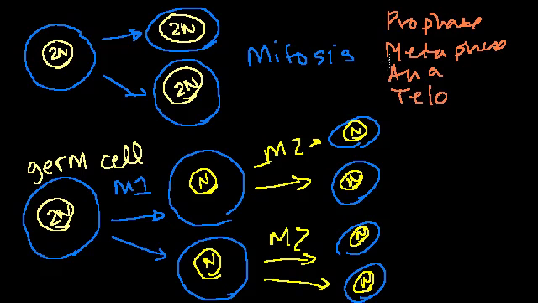I won't keep writing phase down, or PMAT. In meiosis, you experience these in each stage. So you have prophase 1, followed by metaphase 1, followed by anaphase 1, followed by telophase 1. Then, after you've done meiosis 1, it all happens again. You have prophase 2, followed by metaphase 2, followed by anaphase 2, followed by telophase 2.